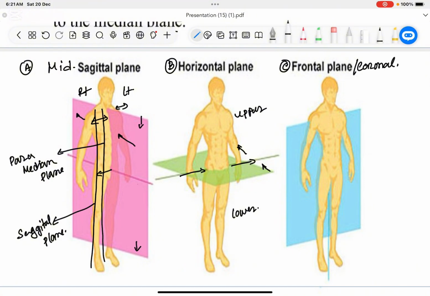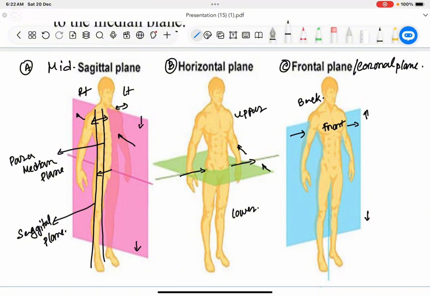The frontal or coronal plane is the imaginary plane running from side to side and concurrently from top to bottom. So the body is divided into two: one is front and the other is back.